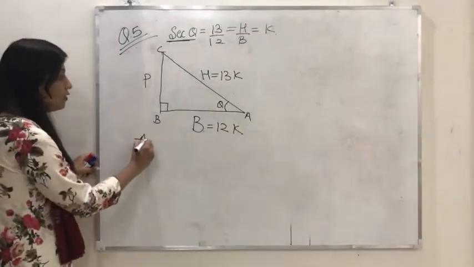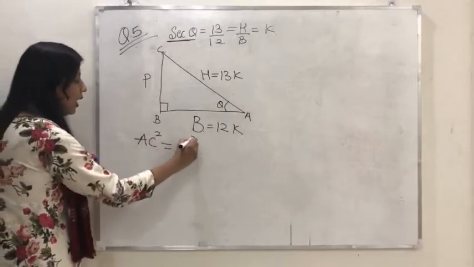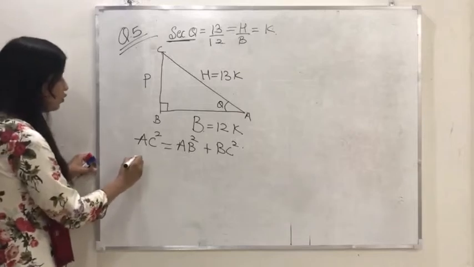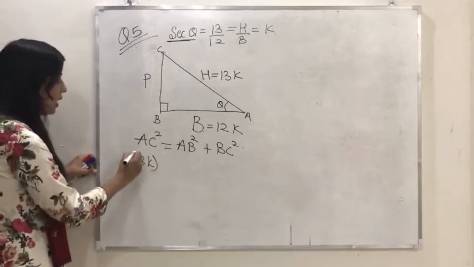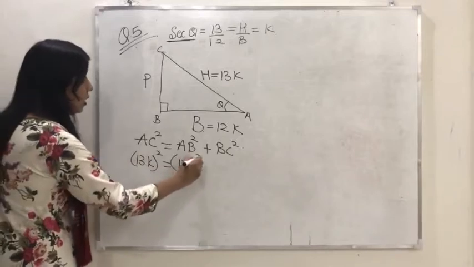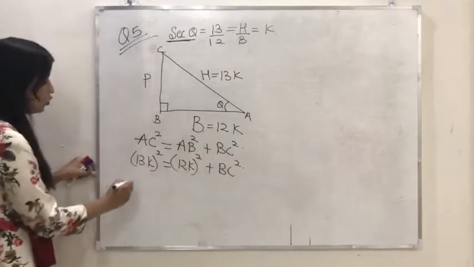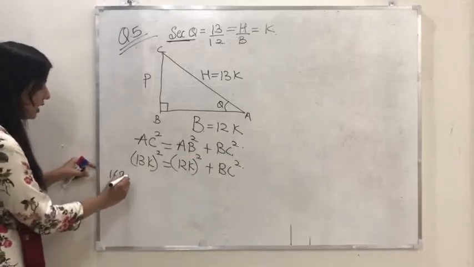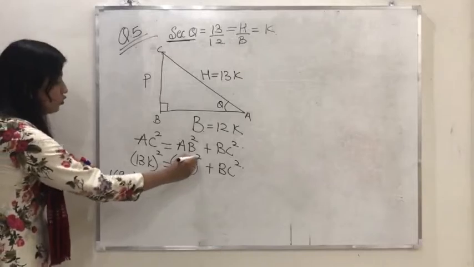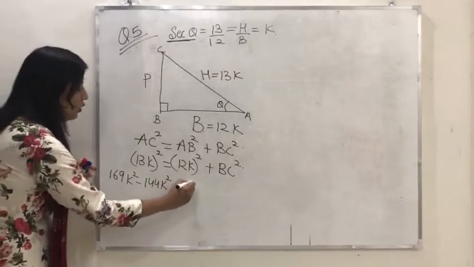So Pythagoras theorem is AC square is equal to AB square plus BC square. Your AC square is 13k square. Your AB is 12k square plus BC square we don't know. So 13 square is 169k square minus 12k square, that will be 144k square, that will be equal to BC square.